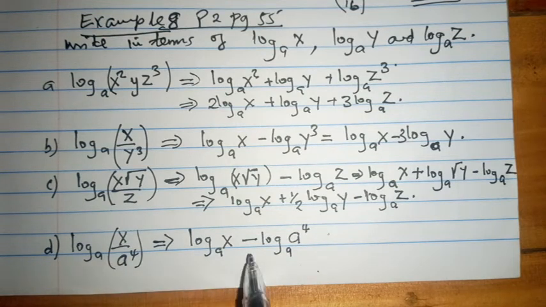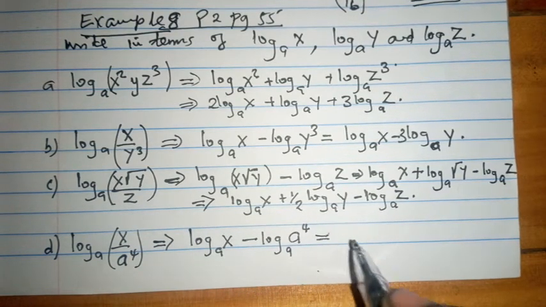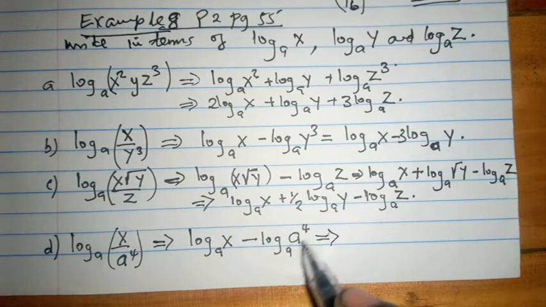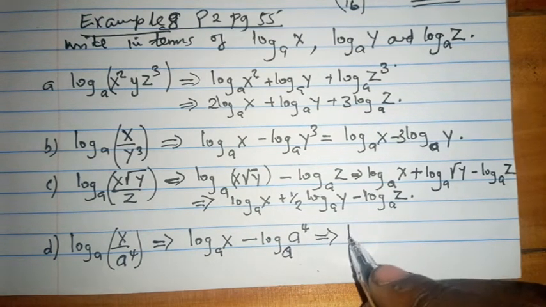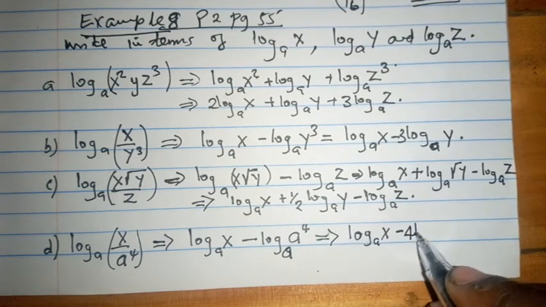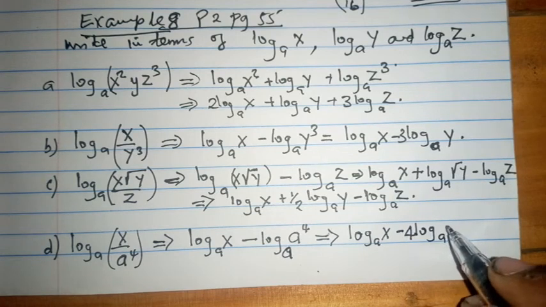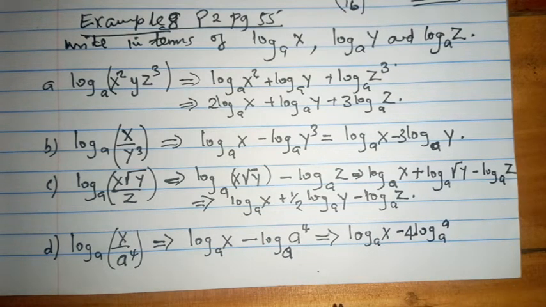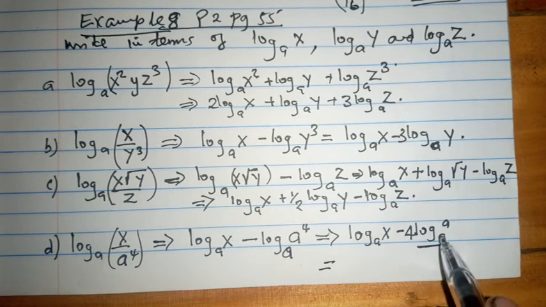Because there's division, we have to subtract the logarithm, and this one is going to be affected by the index law, and we have log to base a of x minus 4 log to base a of a. But you have to be very keen here. There is something very interesting cropping up, that we are ending up with log to base a of a, which is obviously a 1, and 4 times a 1.